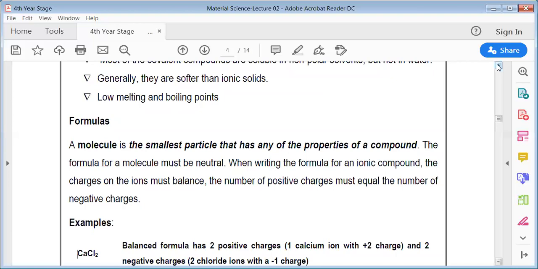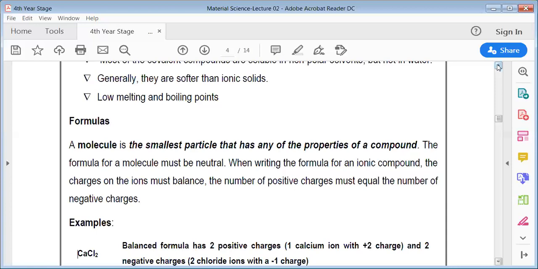It means you have two hydrogen atoms combined with two oxygen atoms in this compound. So this H2O2, we write it as a formula. The formula for any compound must be neutral, not charged, otherwise it would be an ion. So the formula for a compound has no charge, but for ions it has charge.